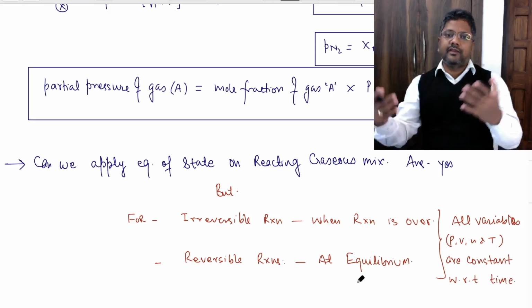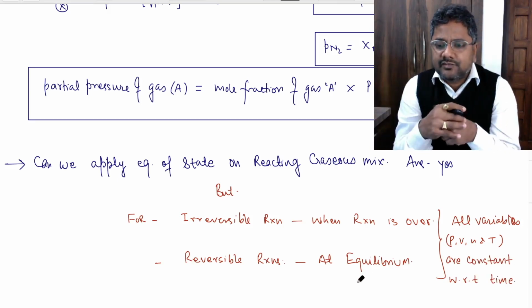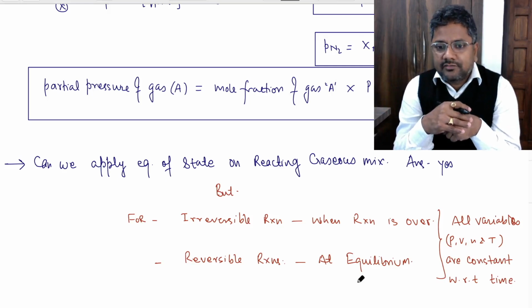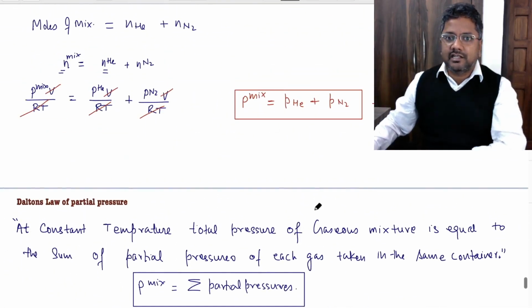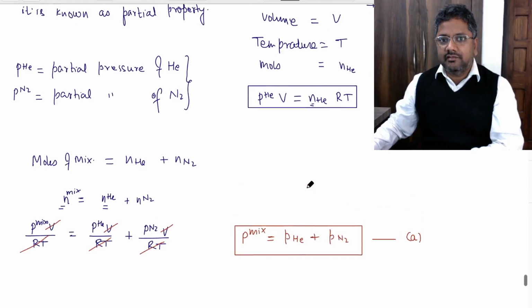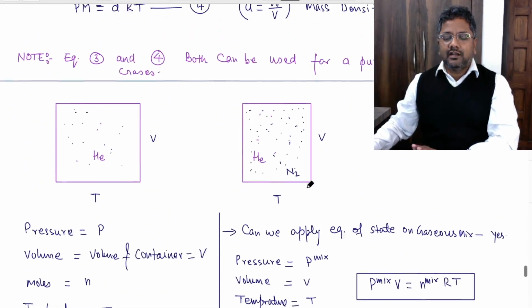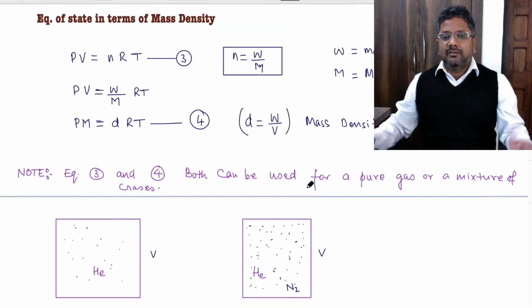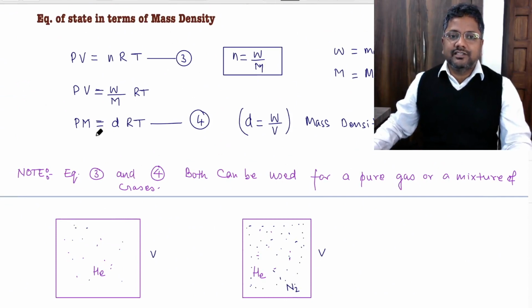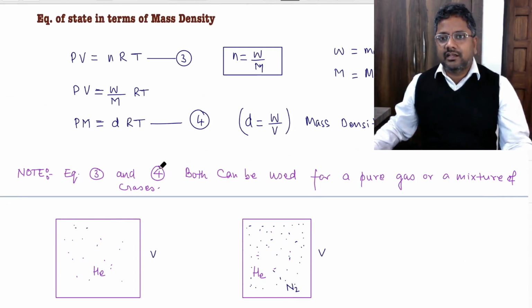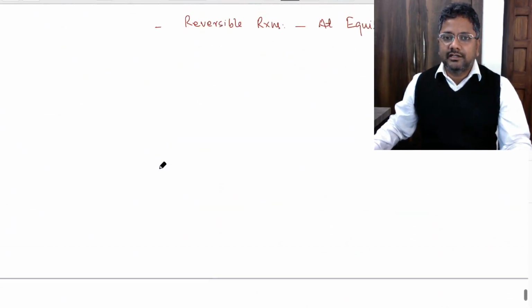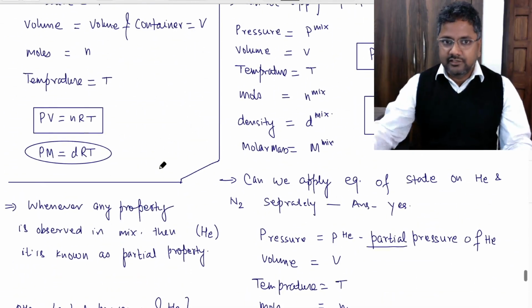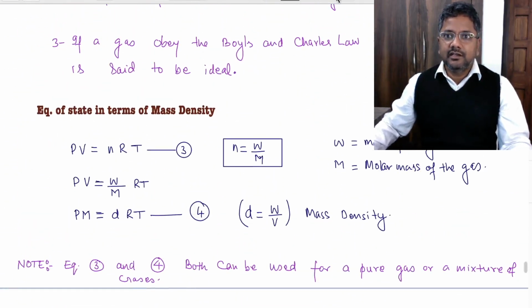So when all four variables are constant, in that situation you can apply this equation of state, in the same manner as we applied Dalton's law of partial pressure. So hopefully all of you are clear about the diversity of this equation, how and where we can apply it, right?